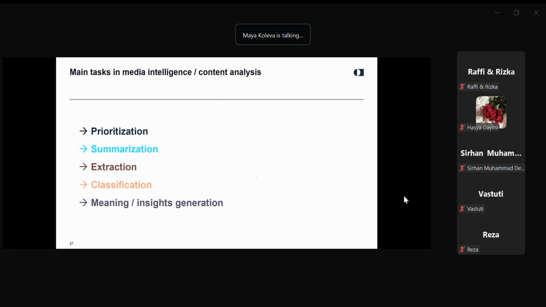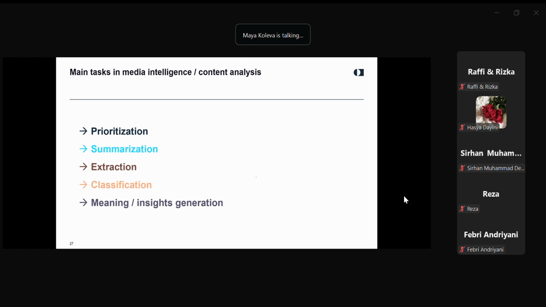Summarization. With so much data, with so much content, we need to be able to quickly understand the gist of something, the main story, and this really helps us. Extraction of information, large corpuses of text, but extracting specific elements that are of interest. And classification is part of the content analysis that has historically been one of the most expensive parts.